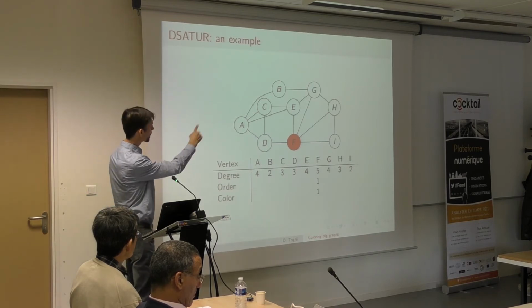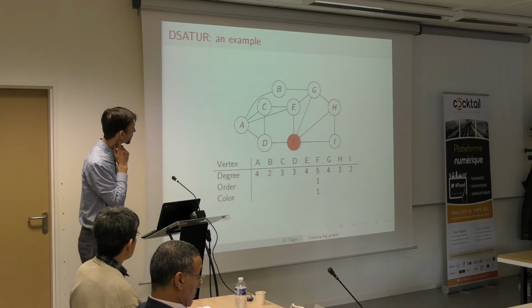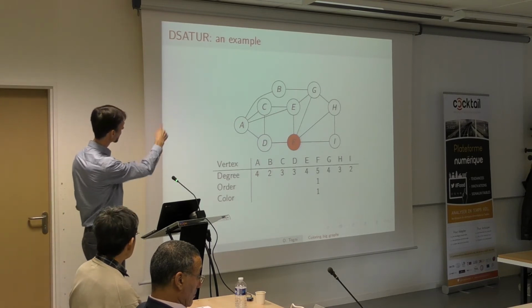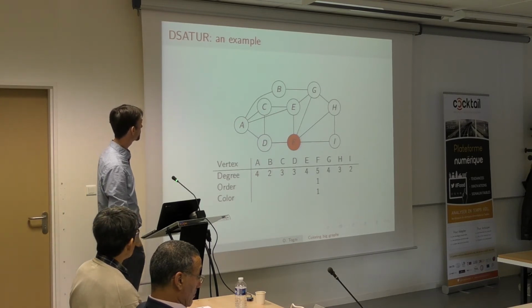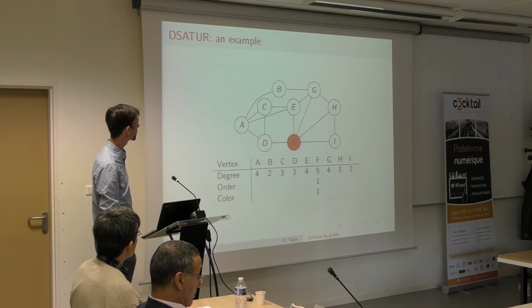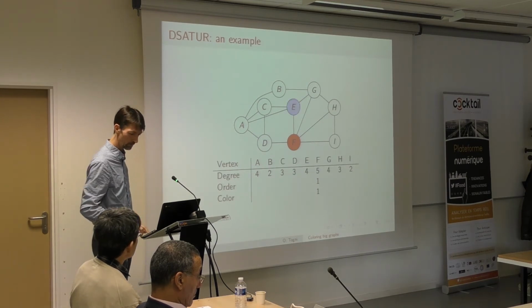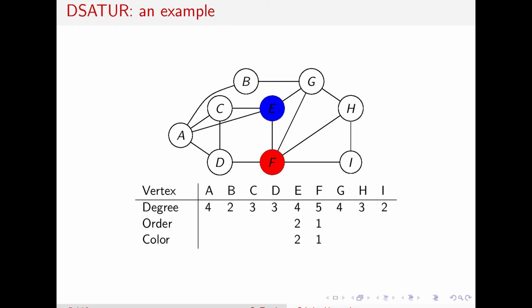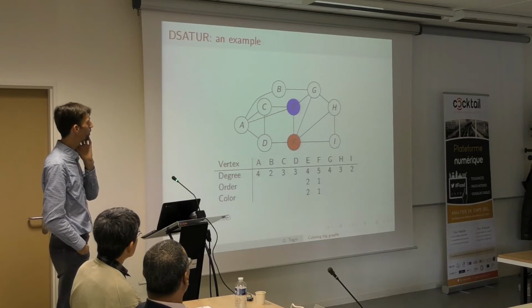And then all the neighbors of F have a saturation degree of 1, while vertices A, B, C have a saturation degree of 0. Then we continue. We'll choose either E or G. We choose E. We color it with blue color. So now vertex G has a saturation degree of 2.